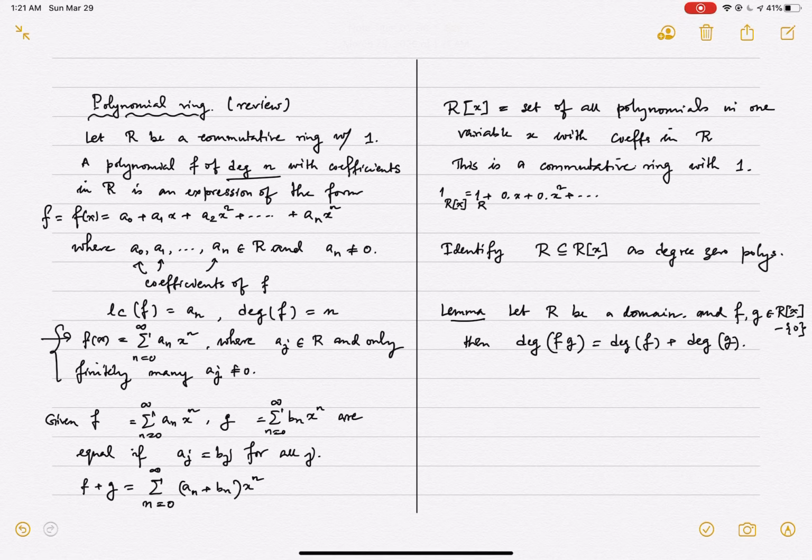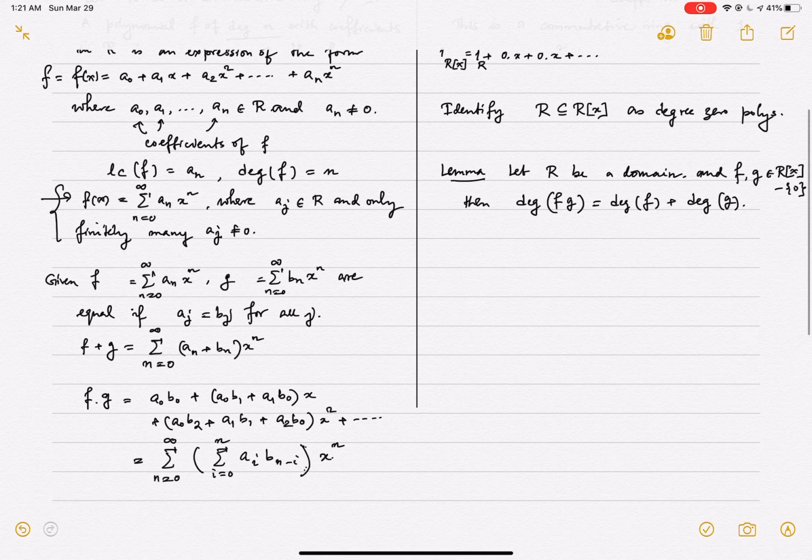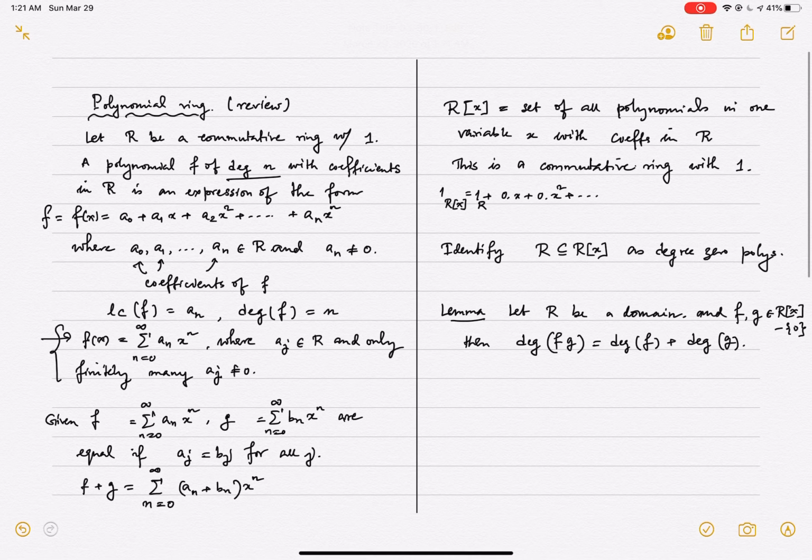And the reason is that when you multiply polynomials, the middle coefficients sort of get crazy, but the top coefficients just multiply out. So if you have a polynomial that starts with 3x to the 5 plus lower degree terms, and another one that starts with 2x squared plus lower degree terms, when you multiply, you will get maybe lots of contributions to x squared, but you will get only one contribution to x to the 7.